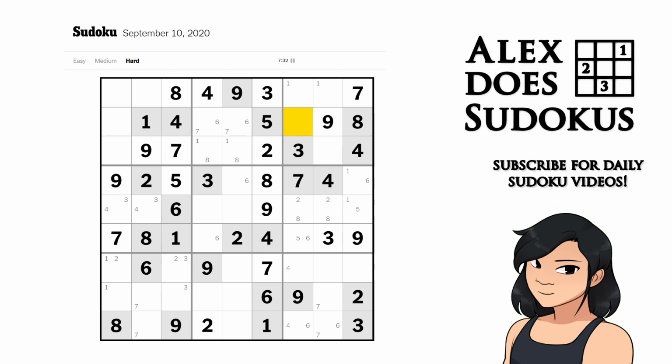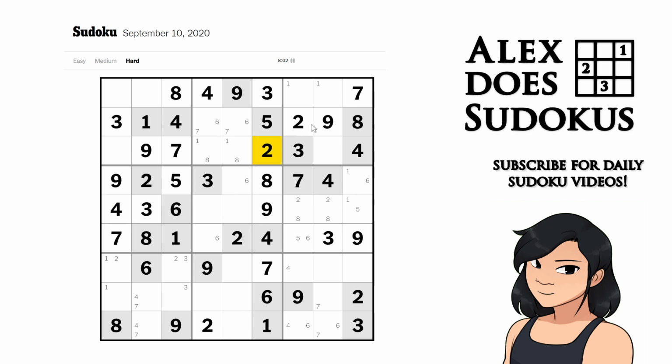So now 7, 6. So these are 3's and something else, but 3 can't go there. So what else is missing? 2. So with that 3, I can resolve the 4 and 3 down here. And with the 4, I can lock a pair of 4's down here. 4, 4, and nothing else.